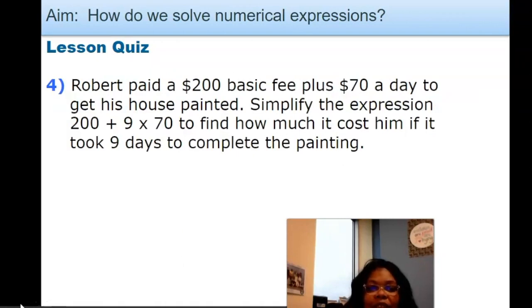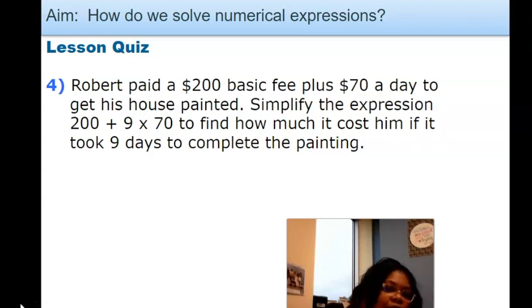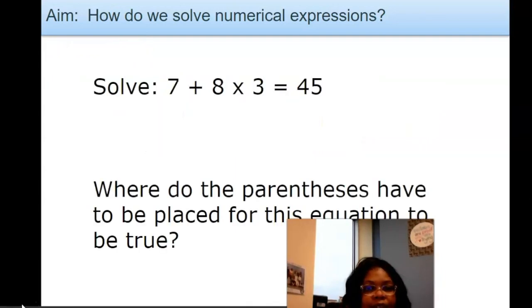All right, guys, so after you've worked 1, 2, and 3, go ahead and write the problem for number 4. Make sure you do the answer with a unit name. So pause the video and work problem 4. All right, guys, so where do the parentheses have to be placed for this equation to be true?